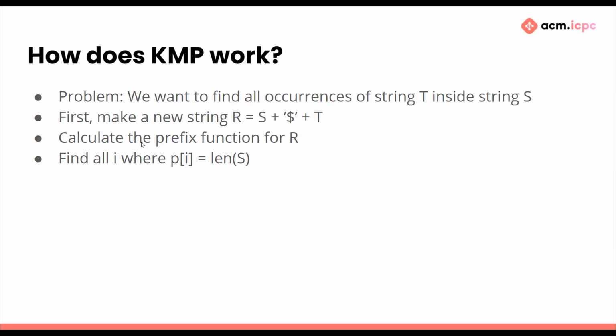Calculating the prefix function is O of n, where n is the length of the string, and building the string is also in linear time. So the total time it takes to find all occurrences, and you can actually find the position of all occurrences, will be done in linear time. So that's very, very fast. And it's also deterministic, which is a lot better than string hashing.